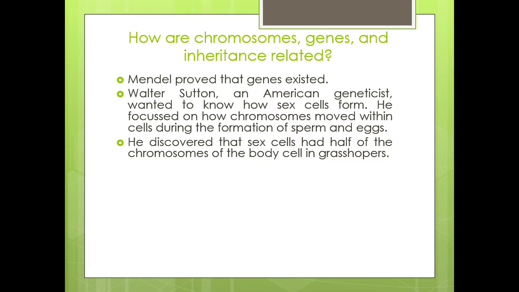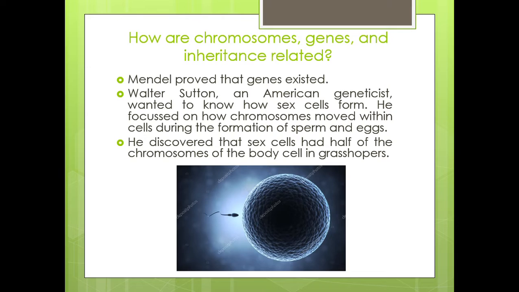And he discovered that sex cells had half of the chromosomes of the body cells in grasshoppers. Well, he was studying grasshoppers, and he was analyzing two different cells. He was analyzing the cells that we will find in the rest of the body of grasshoppers, and he was analyzing the sex cells, which will be their sperm and eggs.